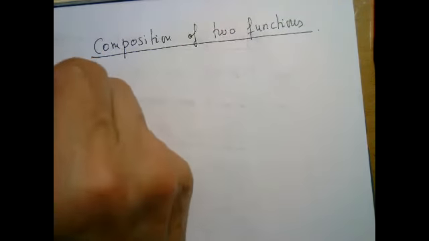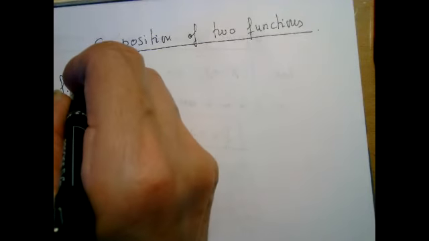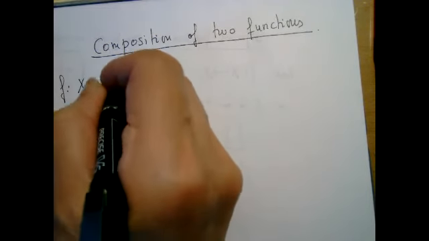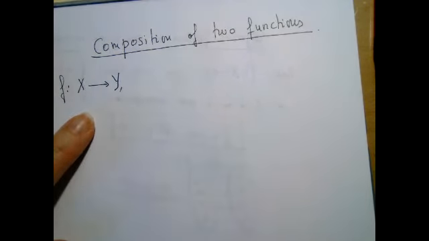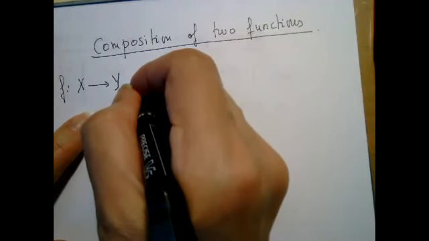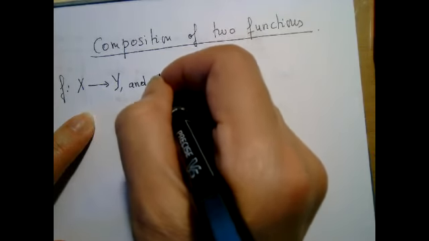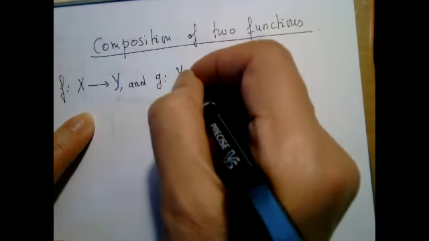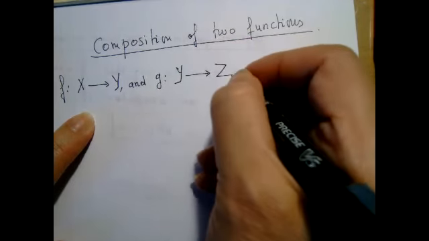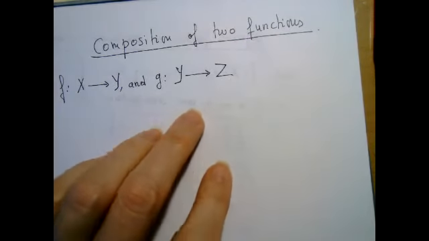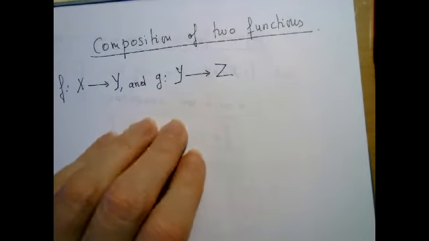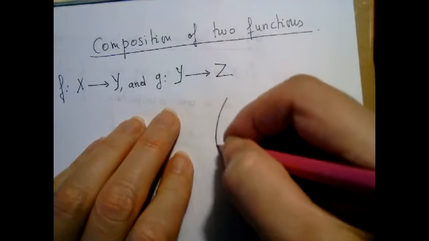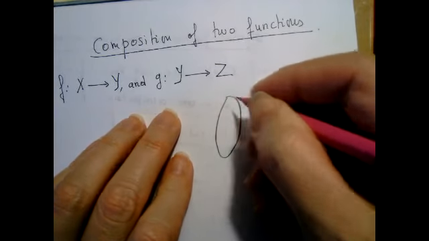So let f be a function from x to y, and g a function from y to z. Okay, we have to be careful with my domains and codomains. So this is my first function here.